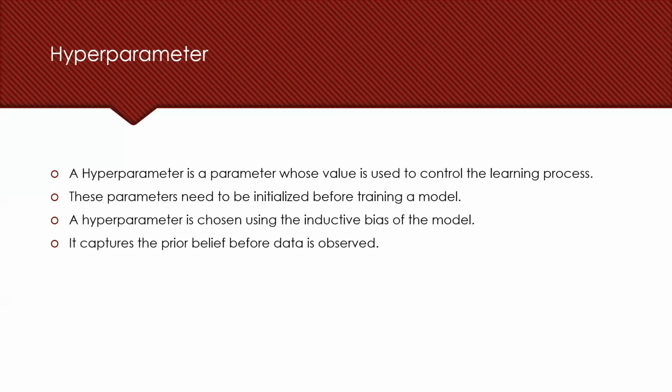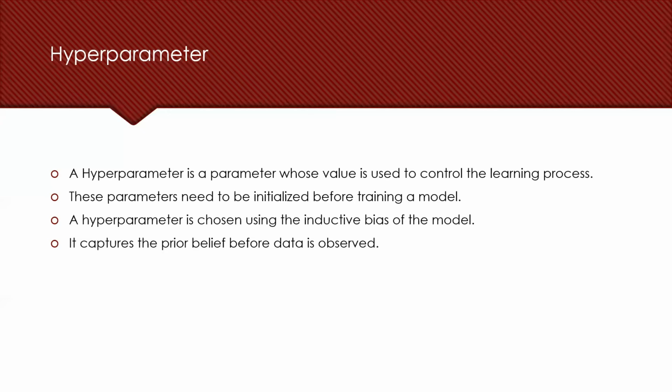As I said before, inductive bias is the property of a model, and a hyperparameter is the most important parameter for the learning process of the model. The parameters of the model are dependent upon the data set, but hyperparameters are not.